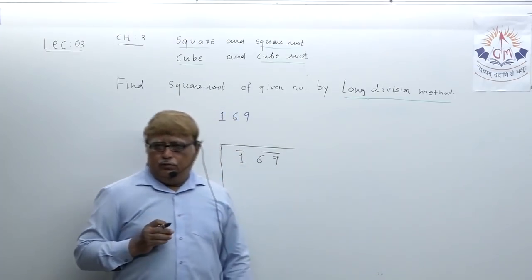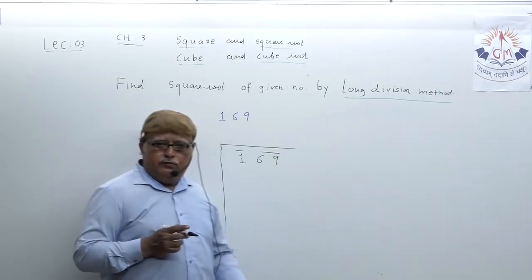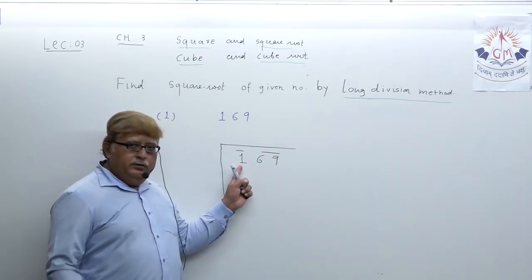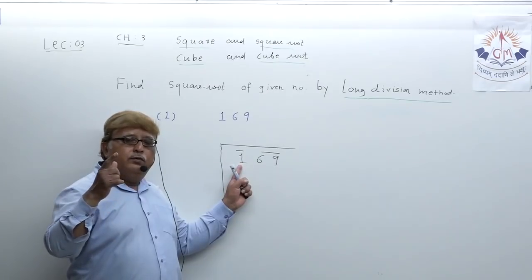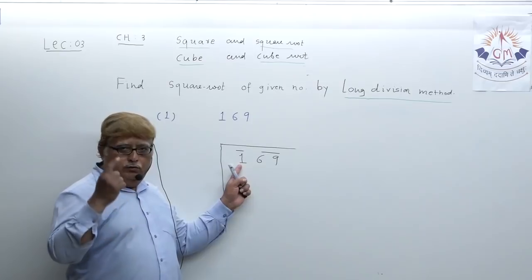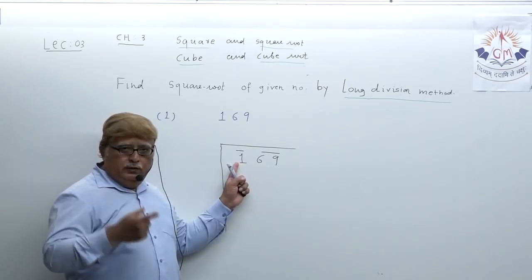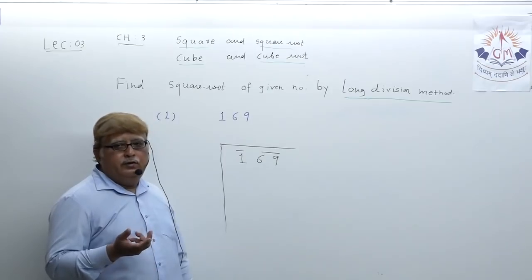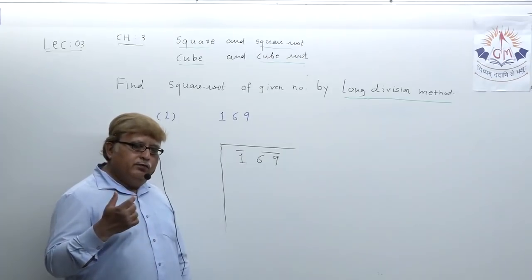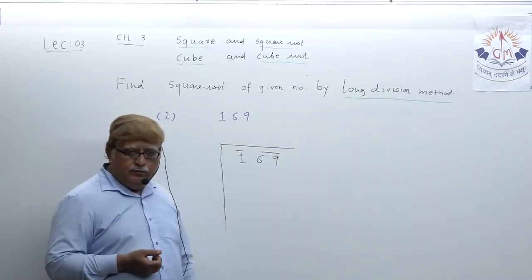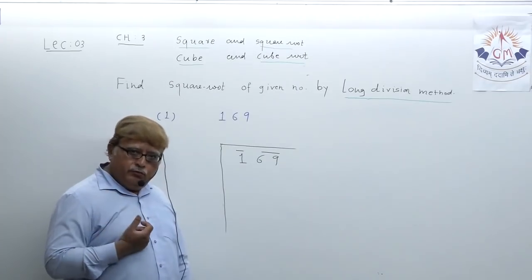Are you able to understand what I just now spoke? Obviously 1. What is the square of 1? 1 square equals 1 into 1, that is 1. 2 square becomes 4.